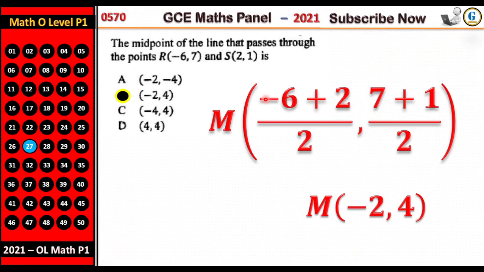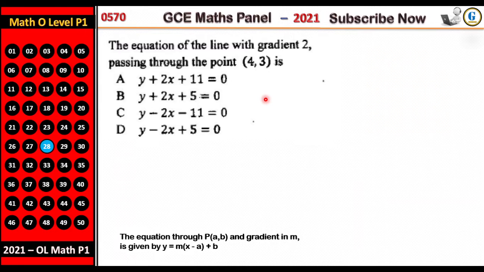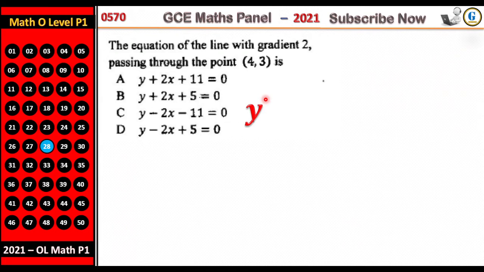Question 28. The equation of the line with gradient 2 passing through the point (4, 3) is. When a line has gradient m and passes through the point (a, b), its equation is y equals m into (x minus a) plus b.